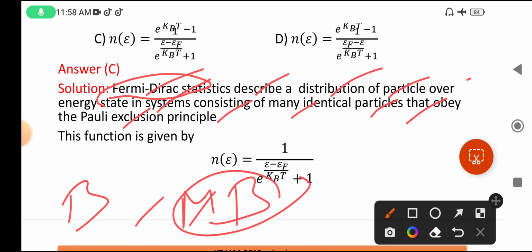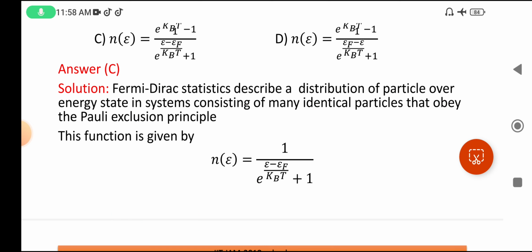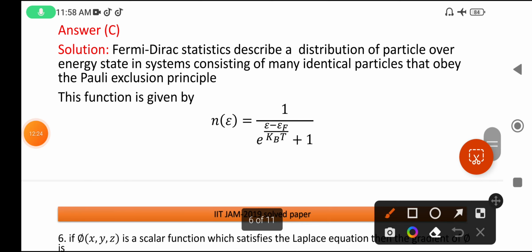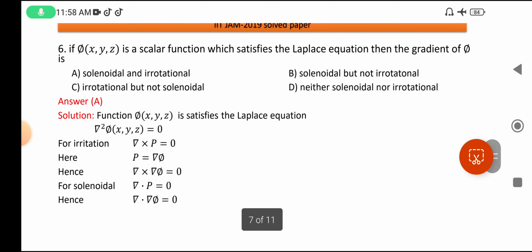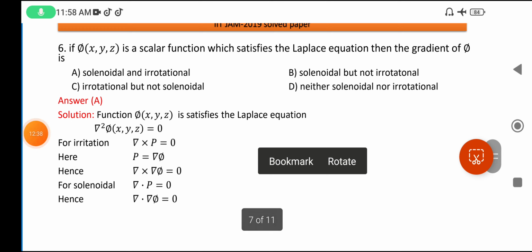So the answer is 1 by e to the power of (E minus EF) by KBT plus 1. Fermi is plus 1, Bose is minus.